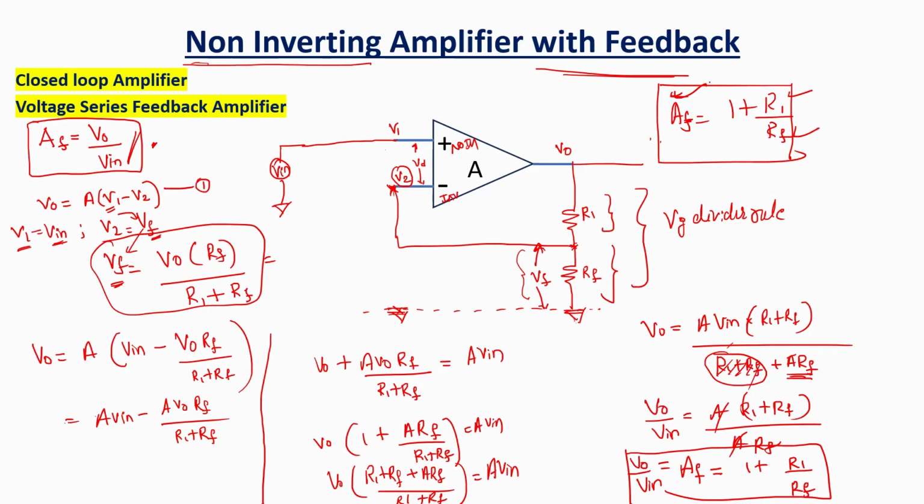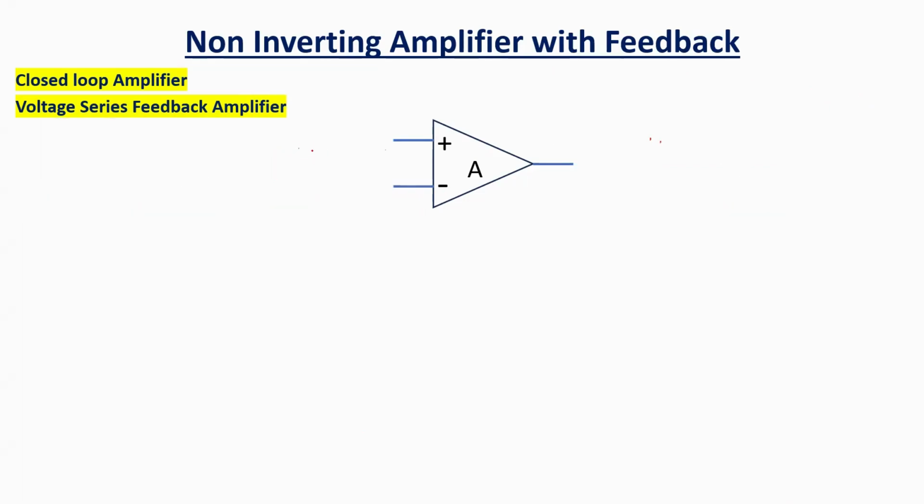Now, I will show you a very simple methodology for how you can arrive at this particular formula very quickly. Let us write the non-inverting amplifier with feedback very quickly. There is a connection. This is V in, connected to ground, and this is V naught or V output.